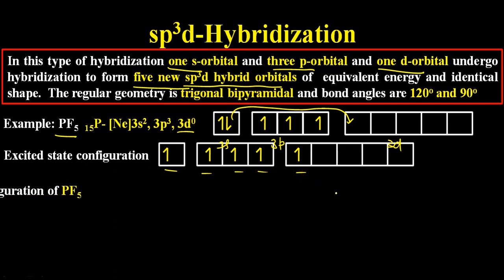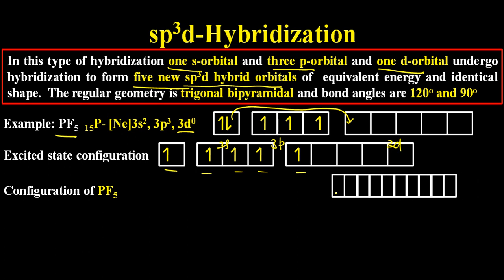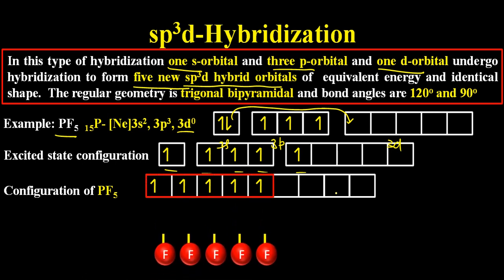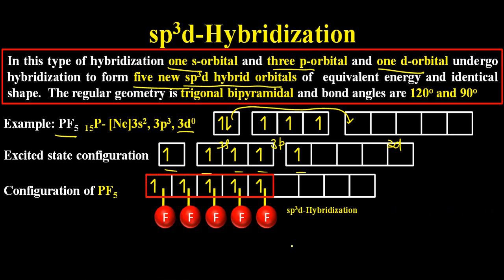So these 5 orbitals, one from s, 3 from p and one from d subshell, undergo hybridization to form sp3d hybridization, and each of these 5 hybrid orbitals overlaps with 2pz orbitals of fluorine atoms to form 5 sigma bonds.